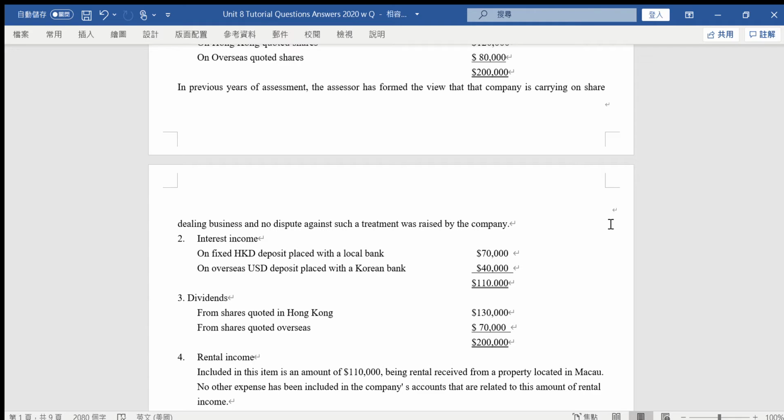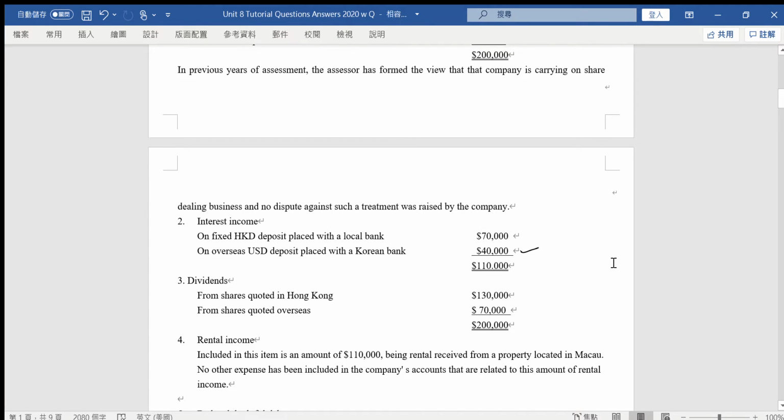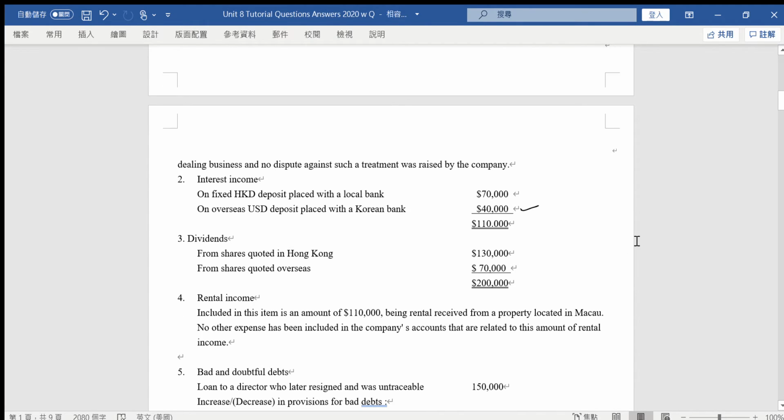The other one is from overseas, as the deposit is placed in a Korean bank, so this $40,000 is offshore and should also be excluded. That is why the whole amount of $110,000 should be excluded.